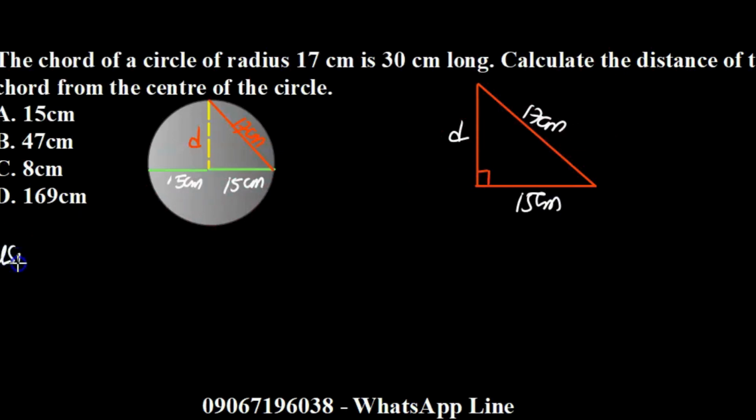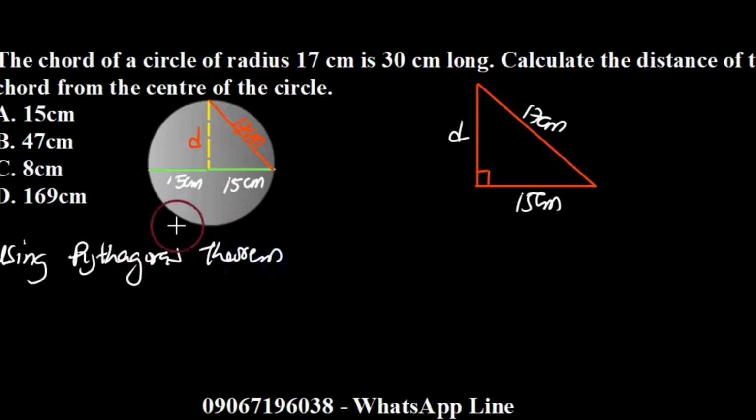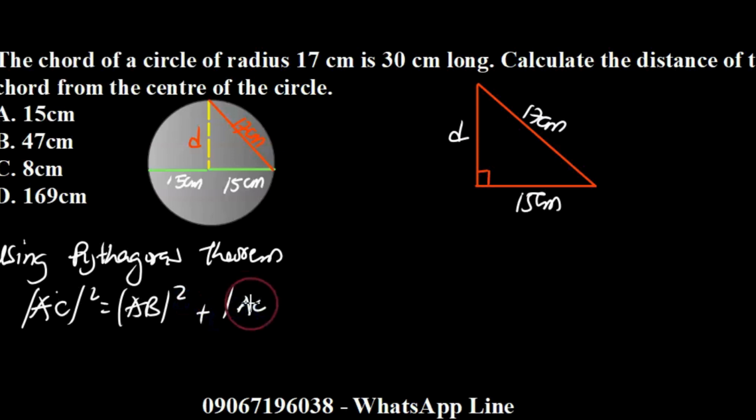So using Pythagoras theorem, which says that AC square, that is called the longer side, is equal to the square of the two other sides, AB square plus BC square.